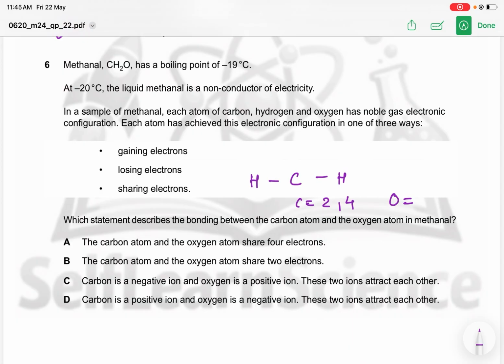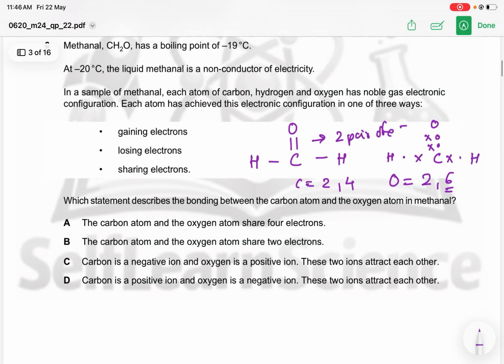And oxygen is 2,6. It requires 2 more to complete its outer shell. So we can consider that carbon and oxygen have a double bond between them, meaning there are two pairs of electrons that are shared. It is something like this: cross dot H, cross dot H, and then we have an O like this. This is the dot and cross diagram.